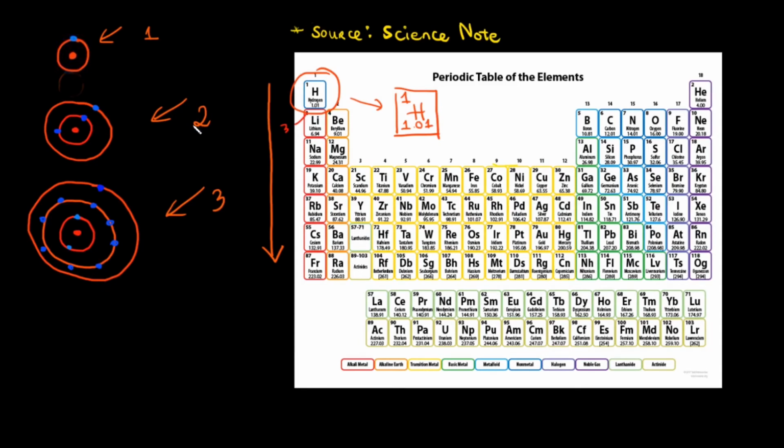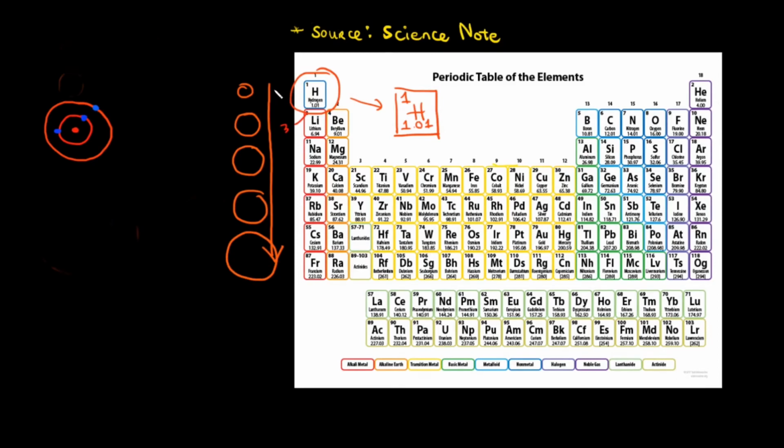You can see here you have 2, and here the radius increases to 3. So if you go down vertically, the element increases in size: you have this small size, and then it increases to this big size, increasing and increasing.